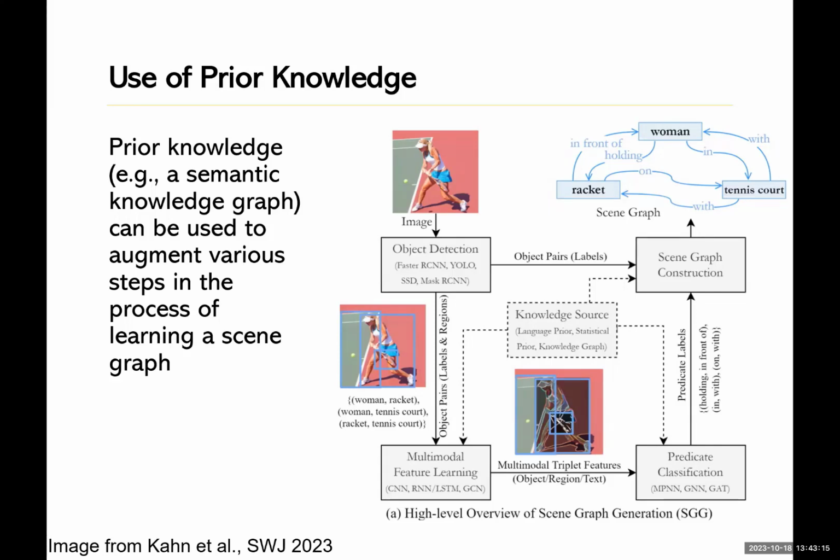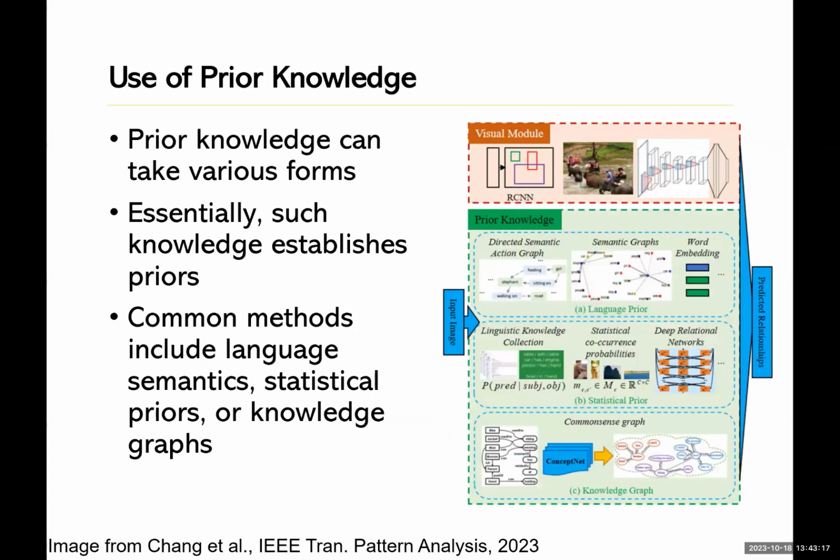But knowledge graphs are not the only way that it's been used to augment scene graphs. There are also things based on statistical priors, things that normally co-occur together, or graphs that deal with language and semantic meaning of the language, in addition to common sense that's out there as well.